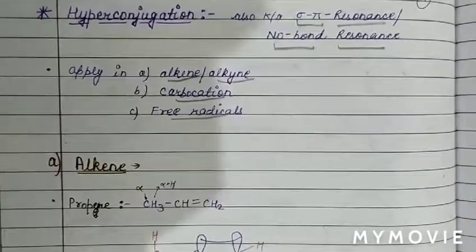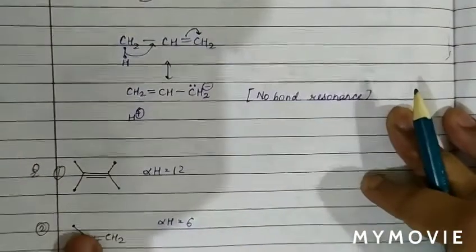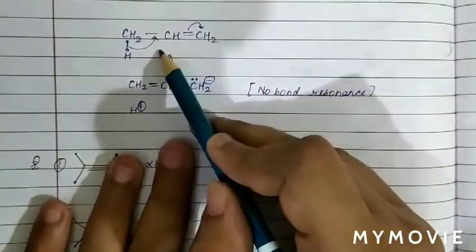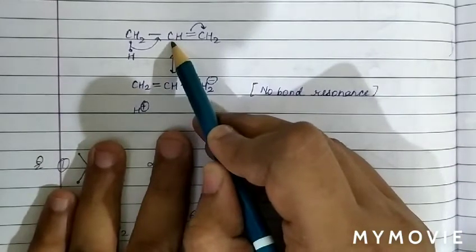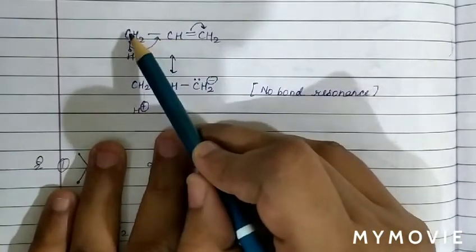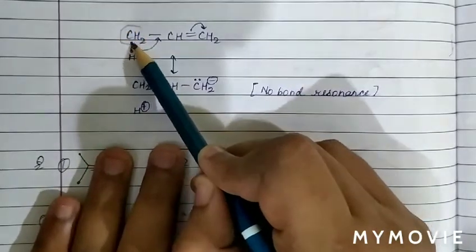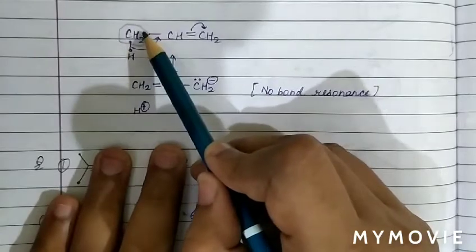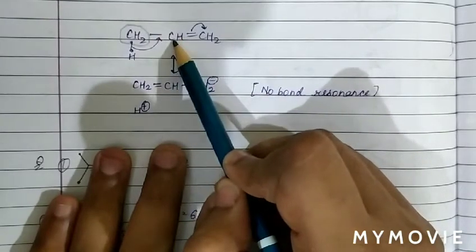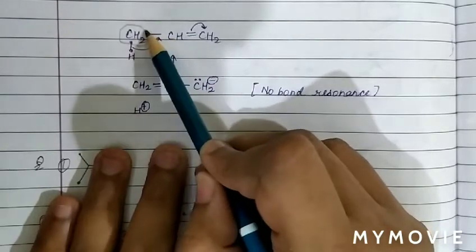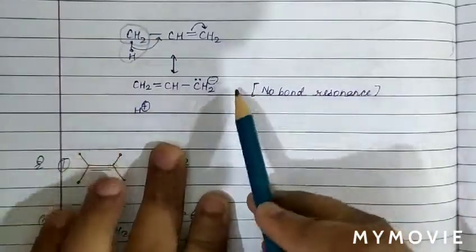Now see how hyperconjugation is explained. The system is an alkene, with an sp2 carbon, and the carbon connected to the sp2 carbon we call the alpha carbon. If an sp3 carbon is attached to an sp2 carbon, we call it the alpha carbon, and the hydrogens present on this alpha carbon we call alpha hydrogens.